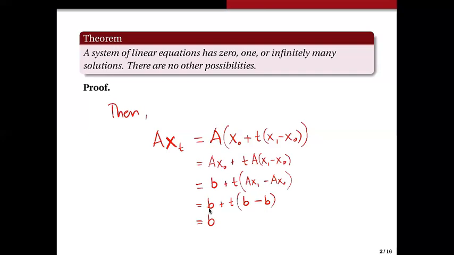Correct? So what does this mean? This x sub t is also a solution. Correct? But how many t's do you have in here? There are infinitely many t's because t is any real number.